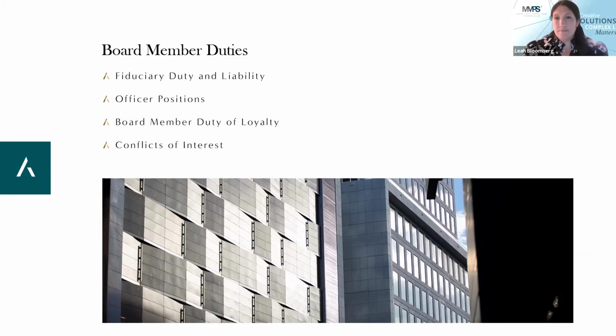Of course, if at all possible, you want to not put yourself in a position to have a conflict of interest. If there is one, you are required to report it annually, and something has to be sent out to all of the unit owners or shareholders in your building, saying yes, we had a conflict, here is what it was, or no, we had no conflicts at all.